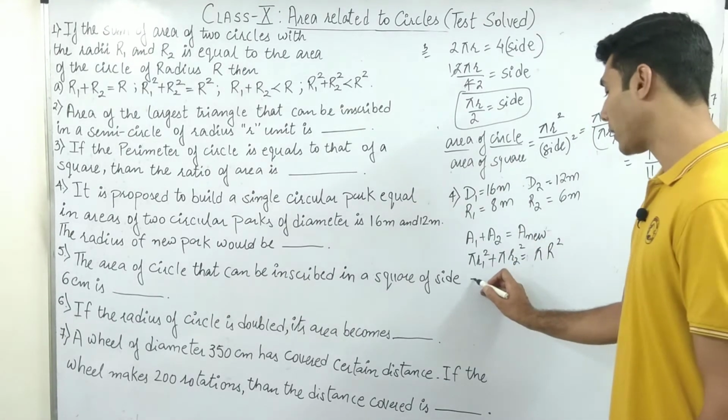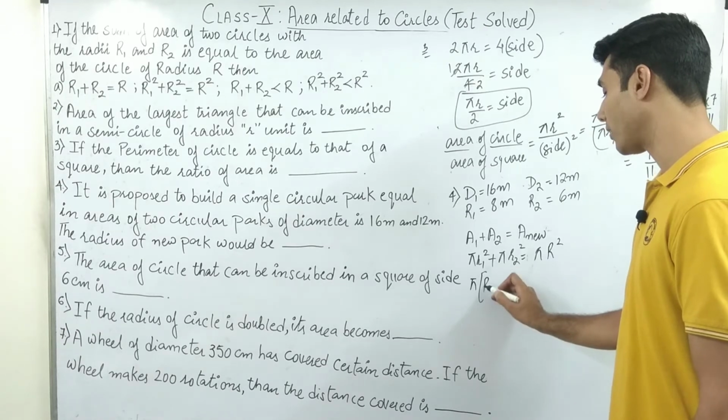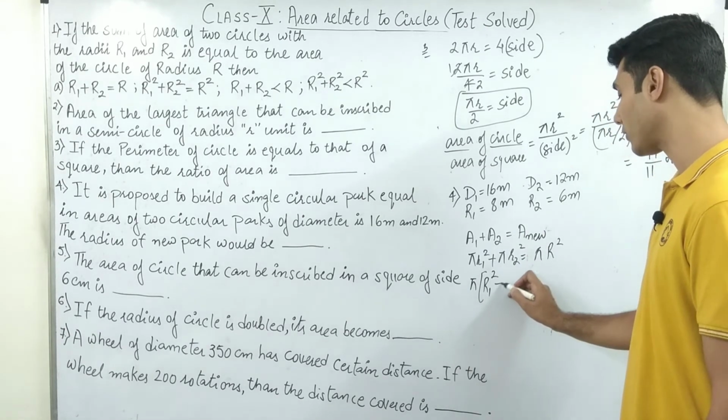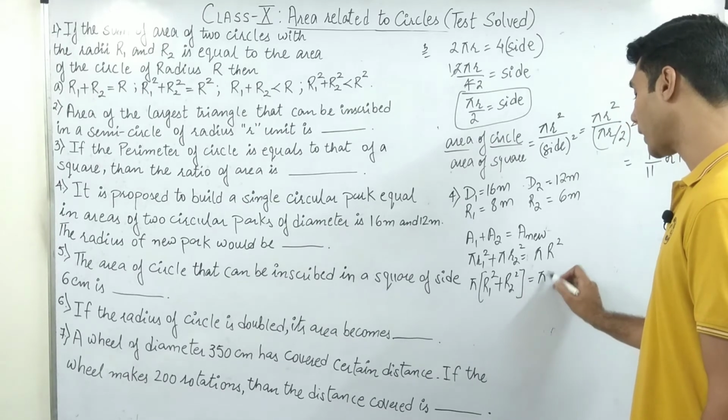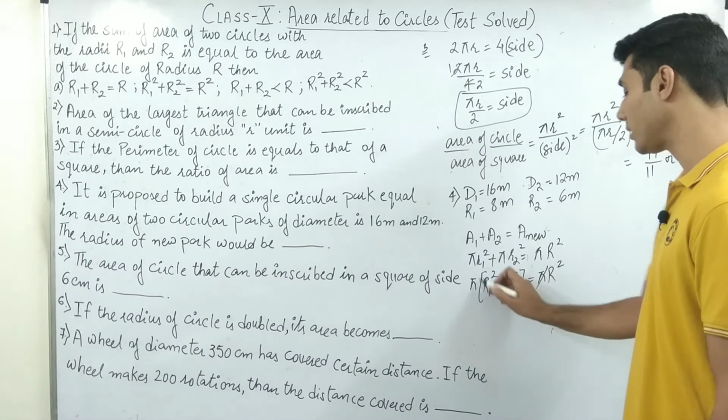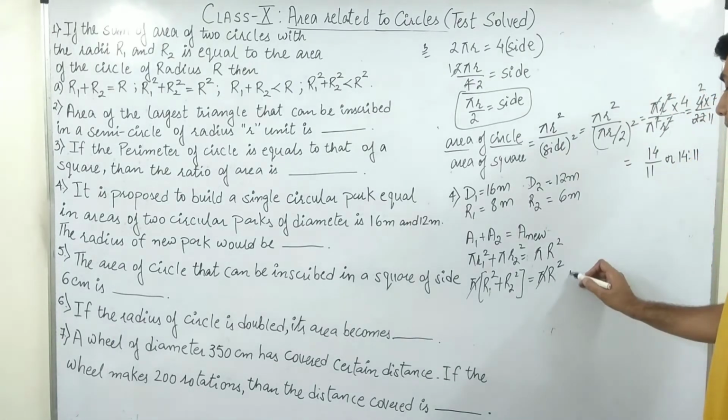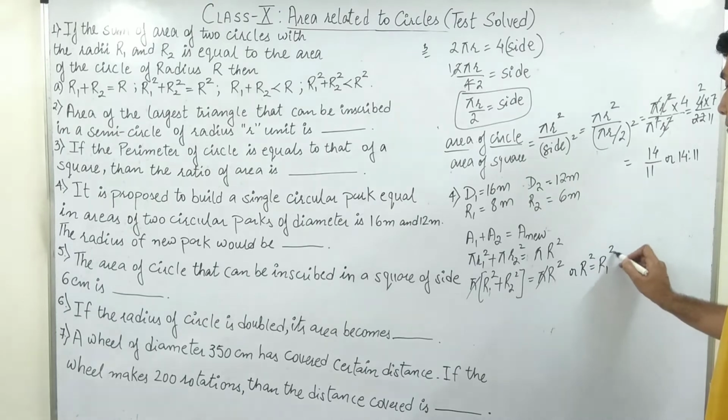So once again pi common निकालोगे तो अंदर कितना बचेगा? r1 square plus r2 square should be equals to pi r square, cancelled. So that means r square should be equals to r1 square plus r2 square.